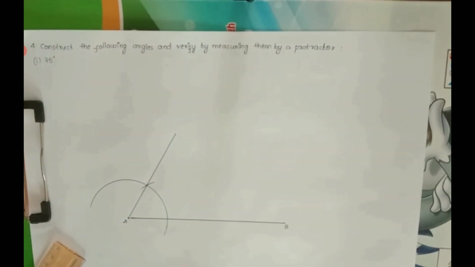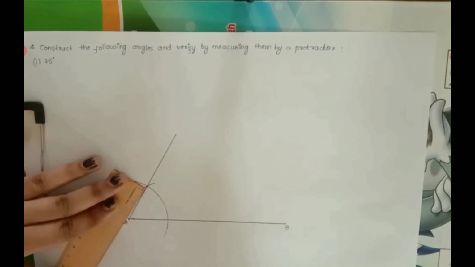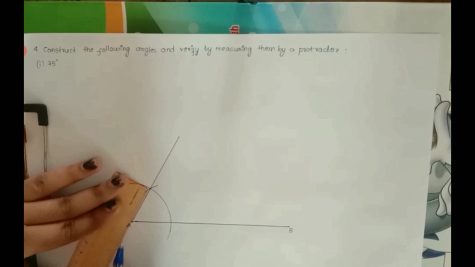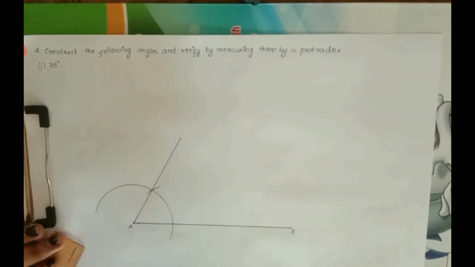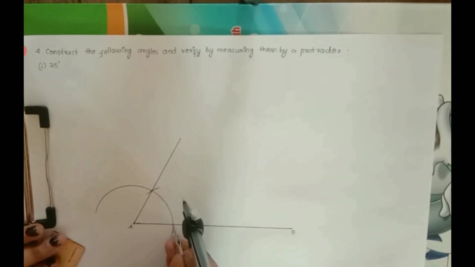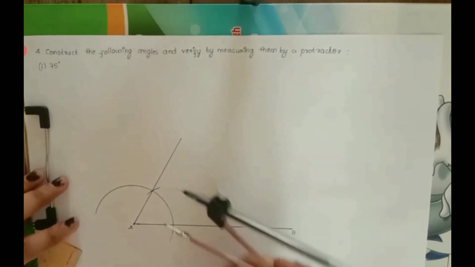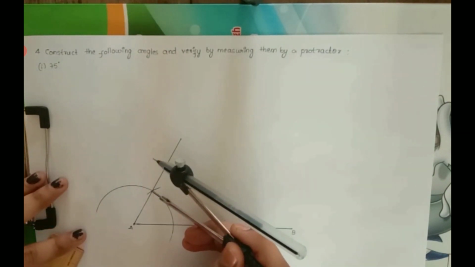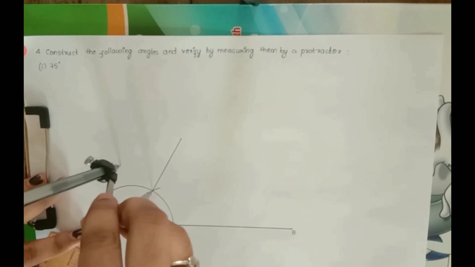Now you continue the construction of 90 degree. Same arc is enough here. You know the method of construction of 90 degree. See here that this is the second point at which first arc and second arc meet, and have two more arcs here.